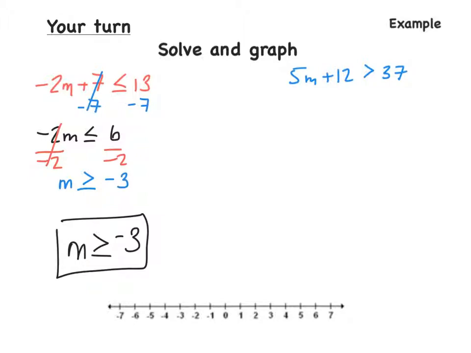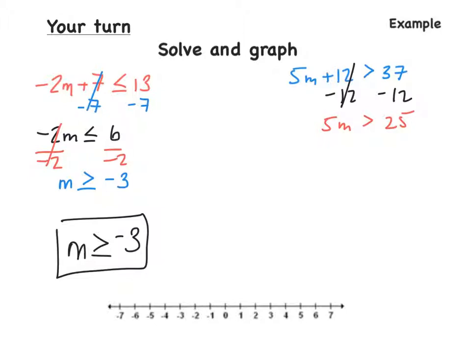That's 1. Next thing, if 5m plus 12 is greater than 37, we need to subtract 12 from both sides. With that, we get 5m is greater than 25.